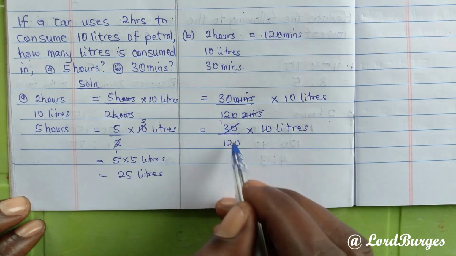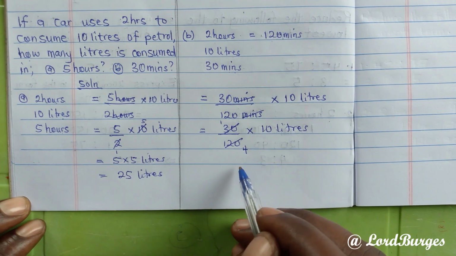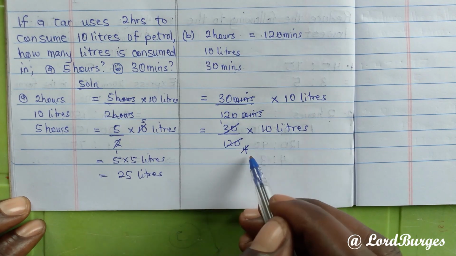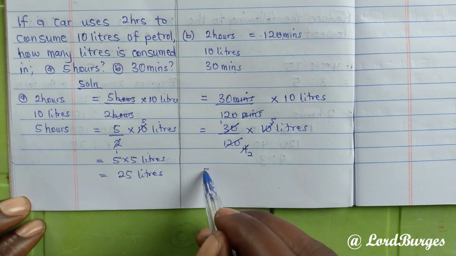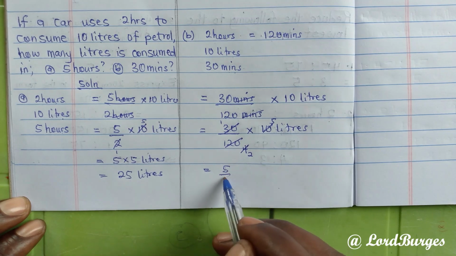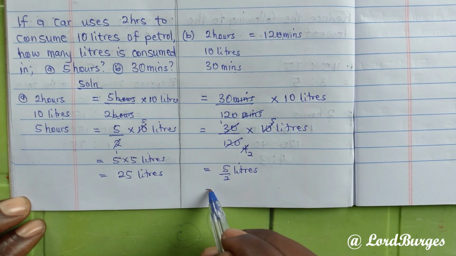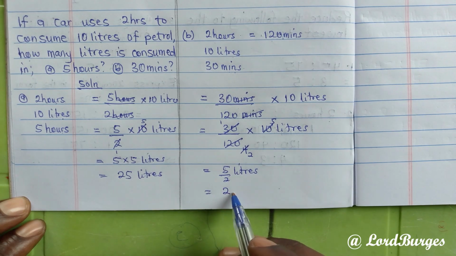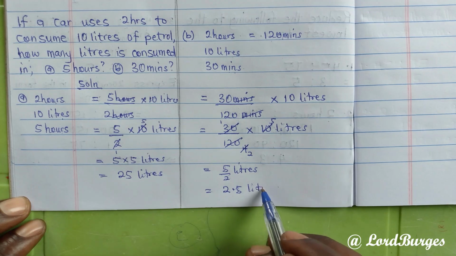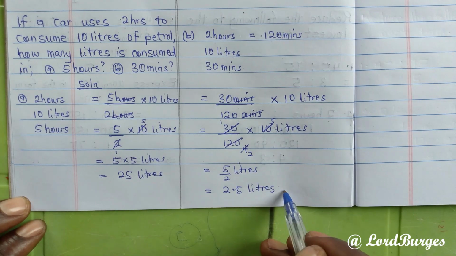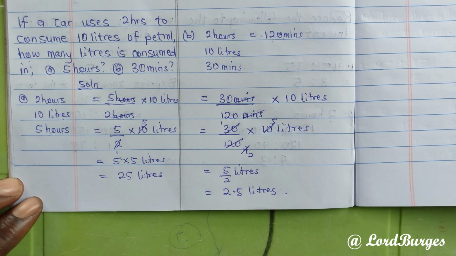Where 30 cancels 30, 30 into 120, 4. Then 2 here, 2. 2 here, 5. So now we have 5 out of 2 liters. And 5 over 2 is 2.5 liters. So the car will consume 2.5 liters of petrol in 30 minutes.